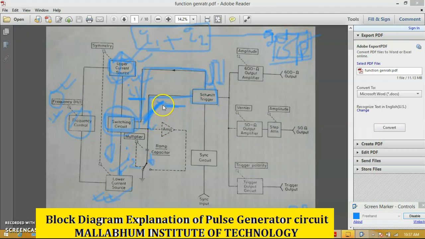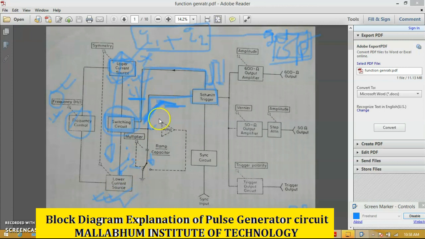As soon as the Schmitt trigger changes its state, the switching circuit also changes state, because the switching circuit is driven by the Schmitt trigger. That means the upper circuit is off and the lower circuit is on.